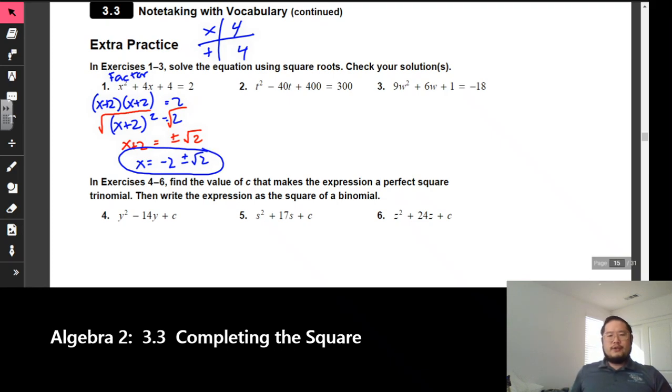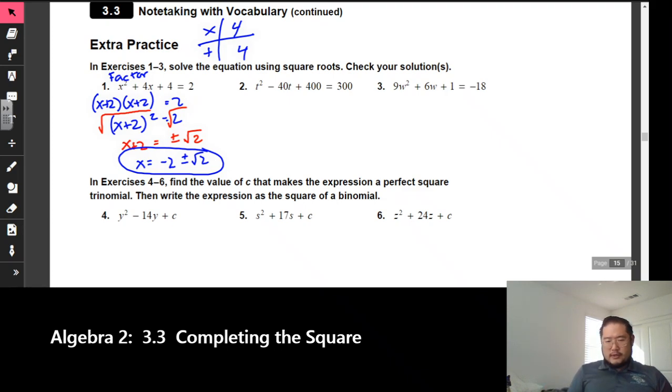If I asked for your solution to be in simplest radical form, meaning no decimals, then this would be the correct answer. One of your solutions would be negative 2 plus radical 2. The second one would be negative 2 minus radical 2.